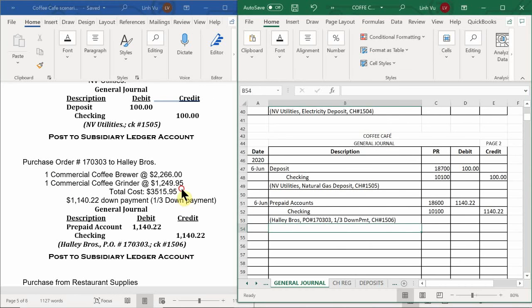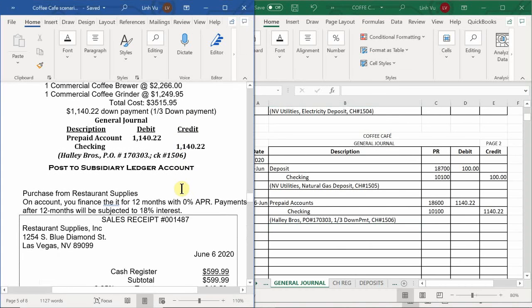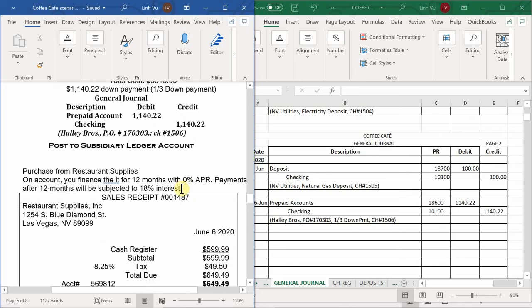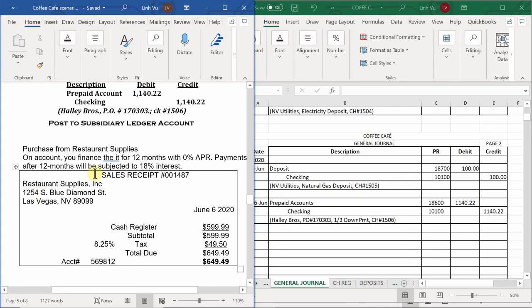Back to our scenario. Okay, so then let's see what happened here. We purchased from restaurant supplies, okay? And in this case, we have it on an account that you financed for 12 months with 0 APR, and the payments are going to be effective after the 12 months.